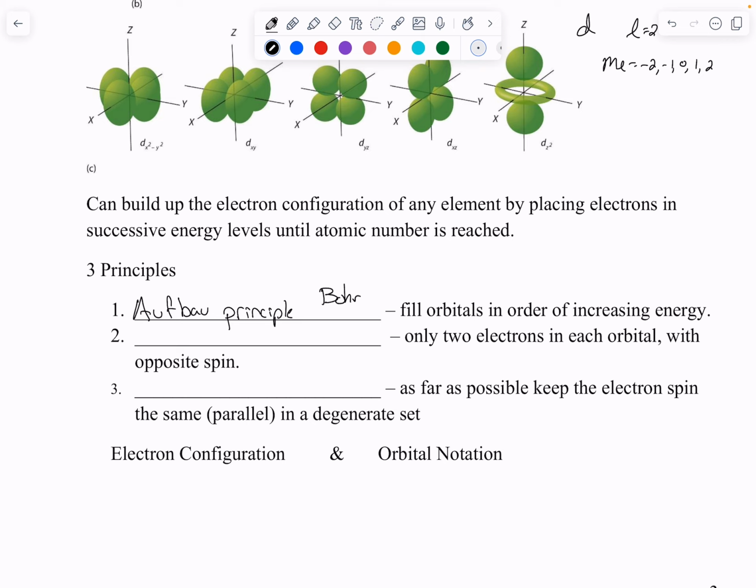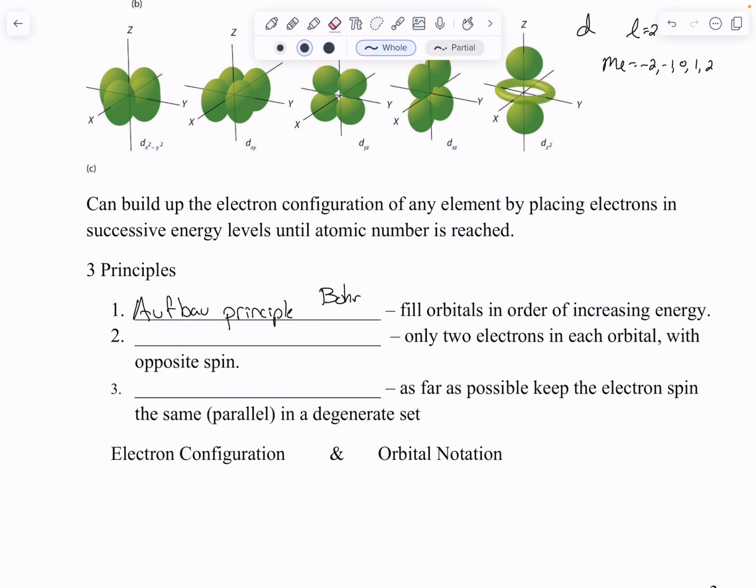Then juniors, then sophomores, then freshmen. You wanted to work your way up, but you could only go up as far as you could. And so that's how these electrons fill. They go front to back instead of back to front. Closest to the nucleus to further away.